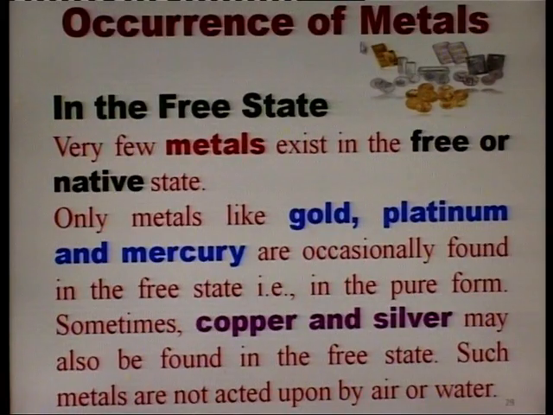Occurrence of metals in free state. Very few metals exist in free or native state. Only metals like gold, platinum and mercury are found in free state, meaning in the pure form.